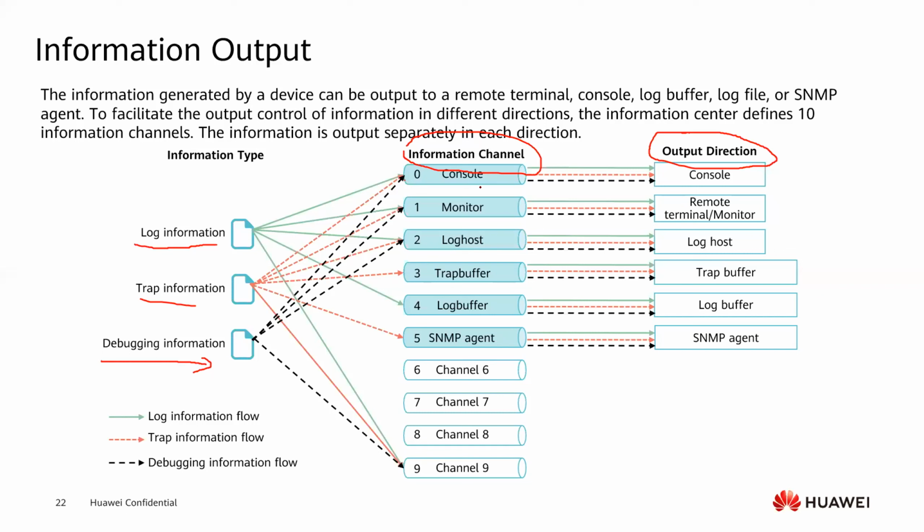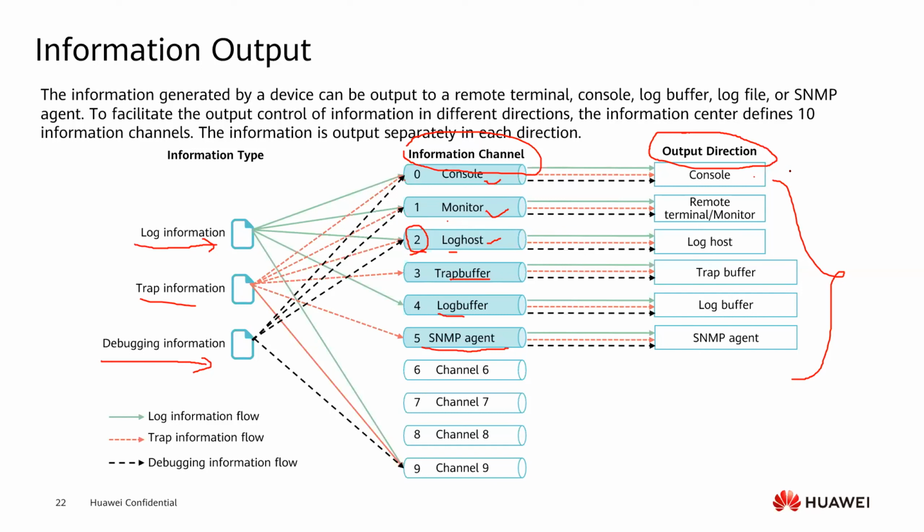Channel 0 is the console channel, 1 is the monitor channel, and there are also the log host, trap buffer, log buffer, and SNMP agent channels. Here is where we can see the corresponding information.